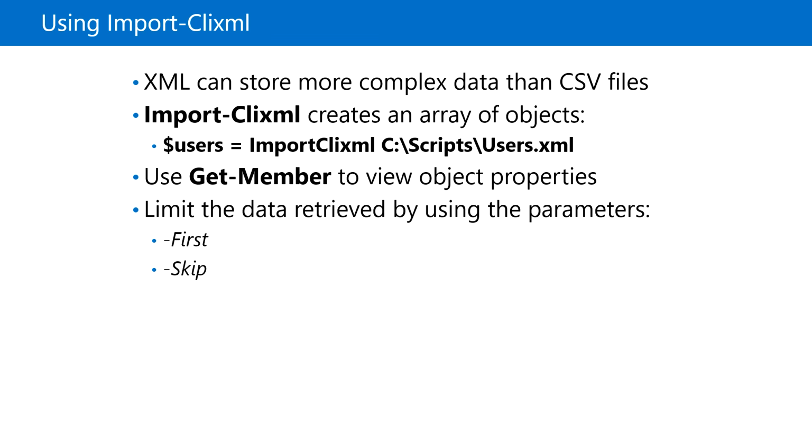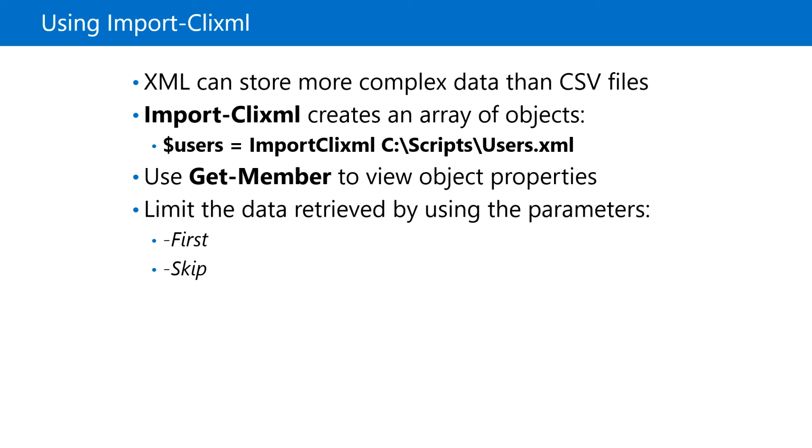To retrieve the properties of the object, we can use the Get-Member command. And also, to limit the data retrieved in Import-Clixml, we can use the following parameters like -First and -Skip. Using the -First parameter specifies to retrieve only the specified number of objects from the beginning of the XML.